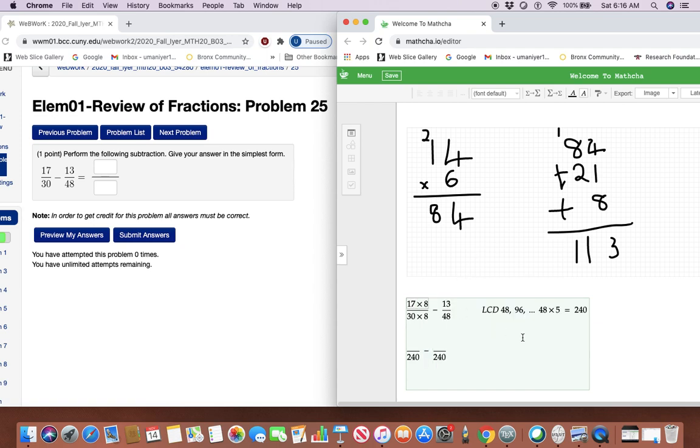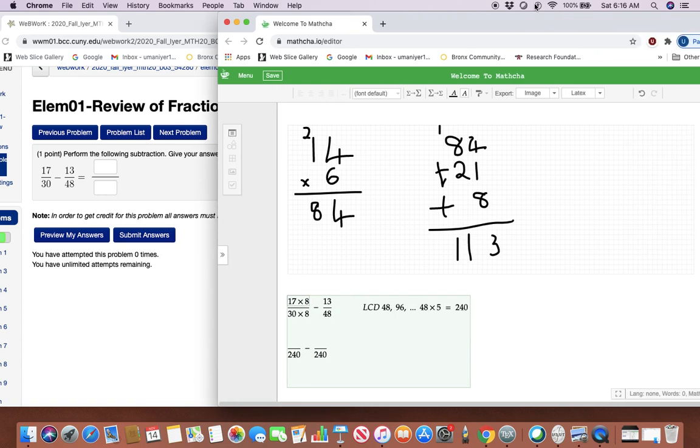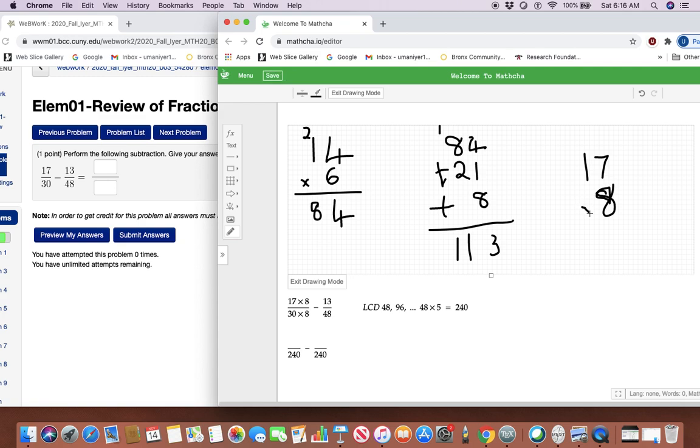So what is 17 times 8? I need to multiply it by hand. Okay, so you're multiplying. 8 times 7, 56. 8 times 1 is 8. 8 plus 5 is a 13.